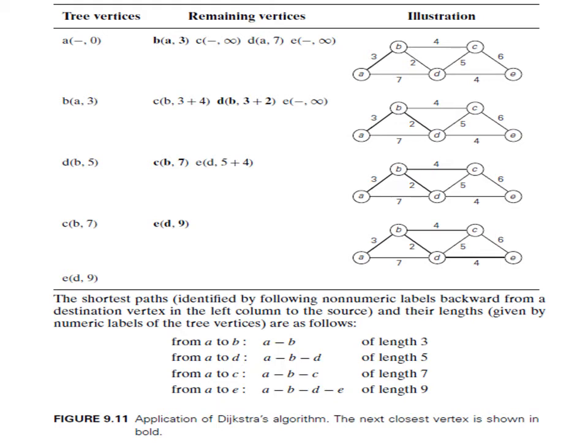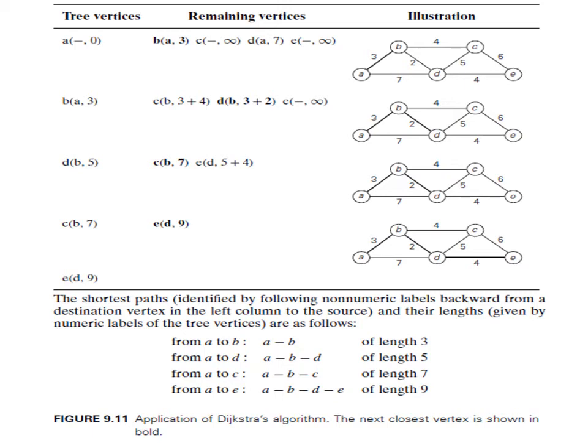So B to C, direct edge is there, so it is 4. A to B is 3. So 3 plus 4, which is equal to 7. That is the distance from A to C.